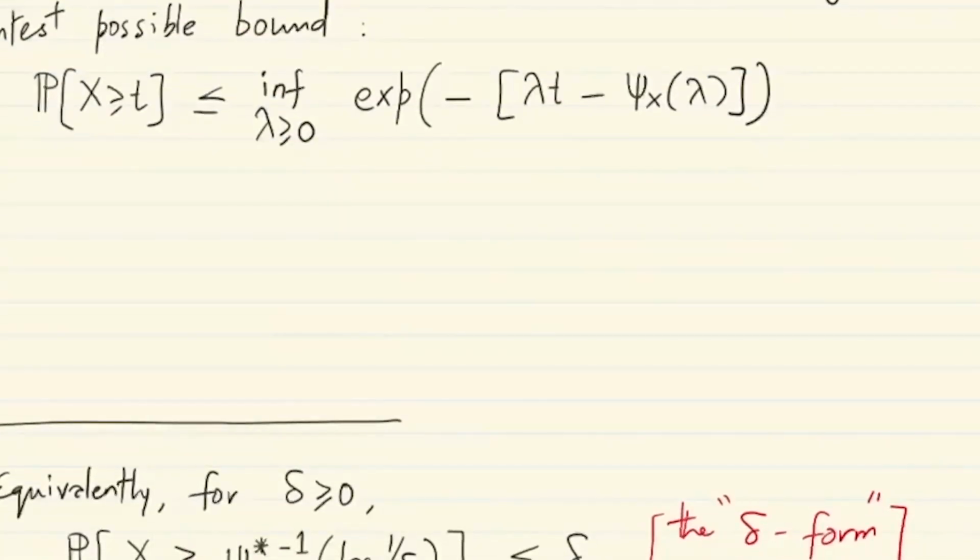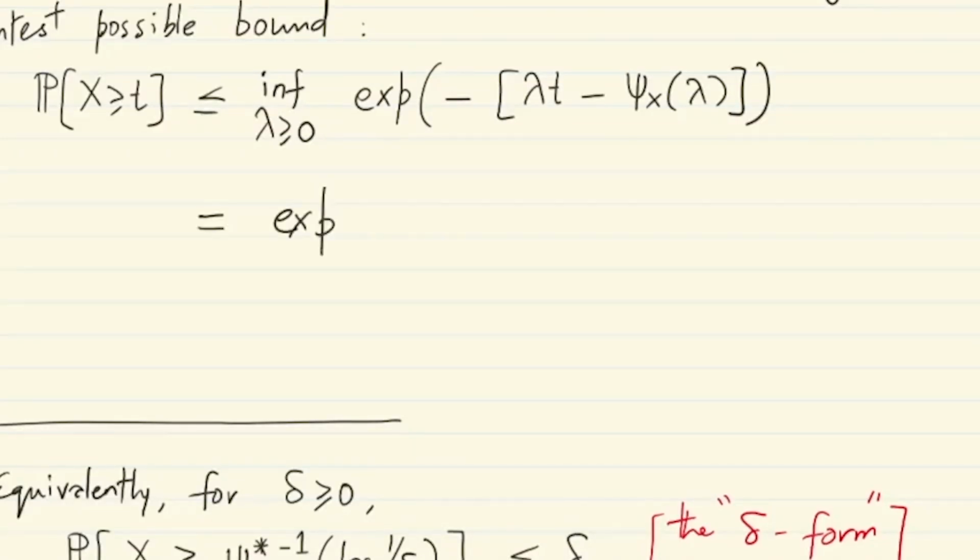Think of infimum, if you have not seen this before, as a minimum modulo a technicality. Infimum is really like a minimum. It allows you to take minimums over sets where the minimum may not be exactly attained.